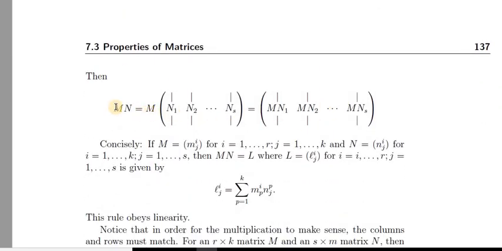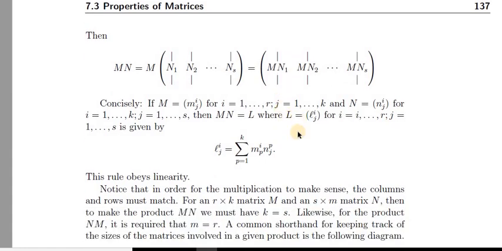So if I want to take the matrix M multiplied by the matrix N, I write M, and then I think of the S columns of matrix N broken out. And the product is also going to have S columns, and each column of the product is M times the corresponding column of N. And we can write this in summation notation in a very concise way.